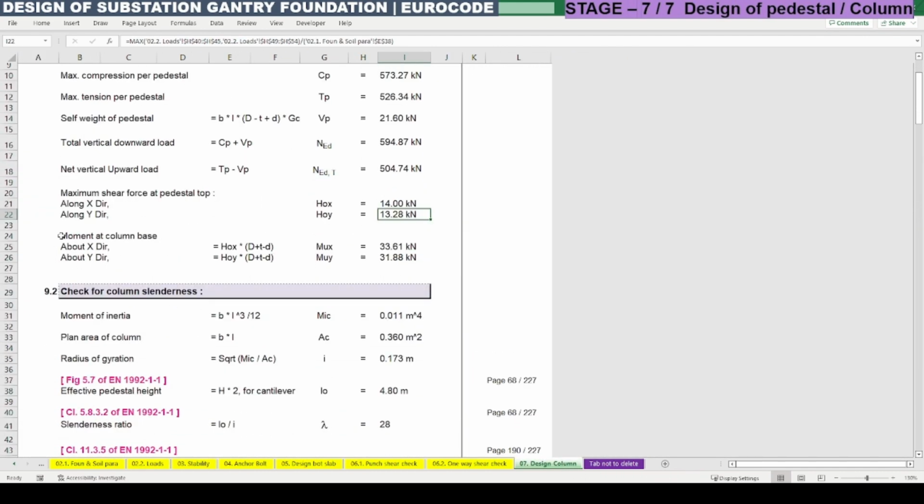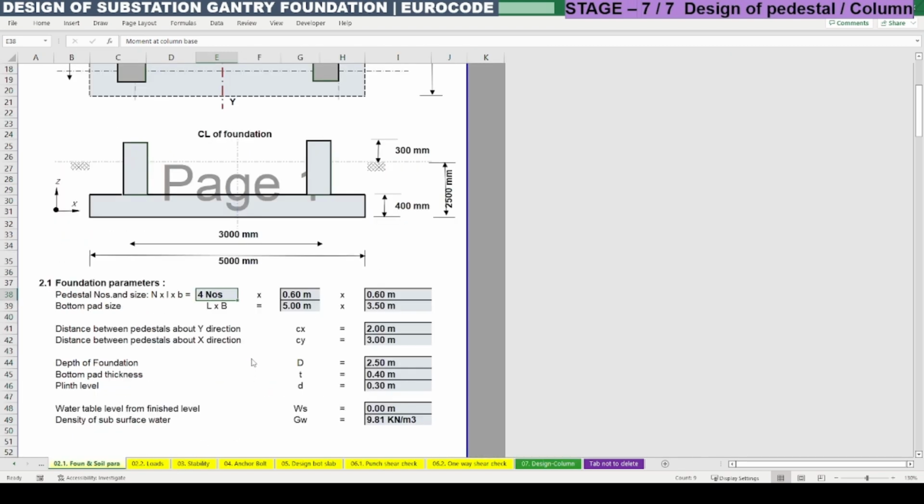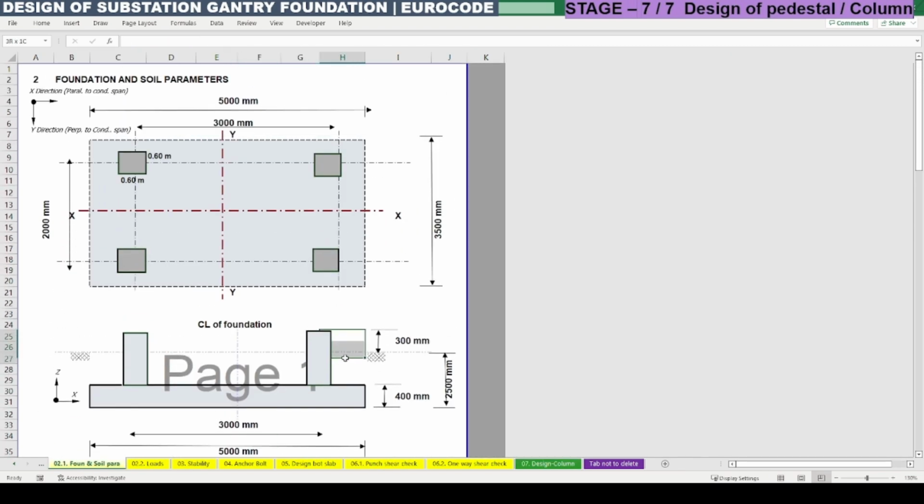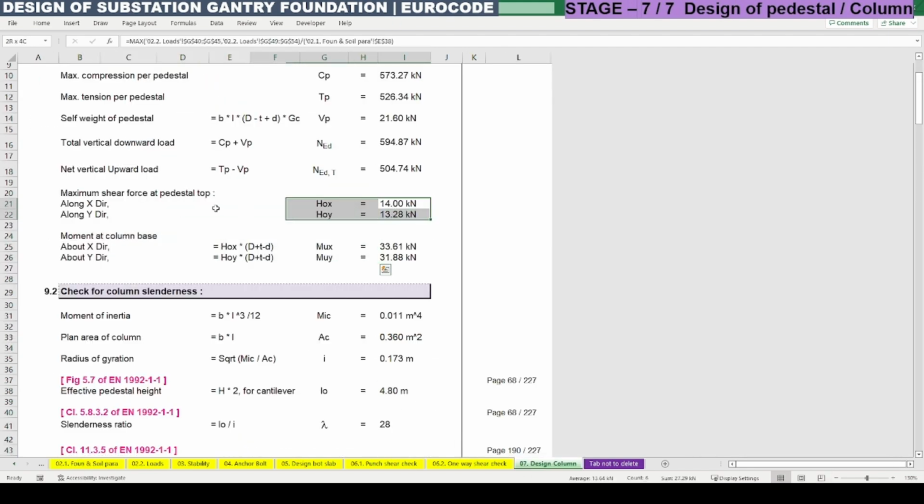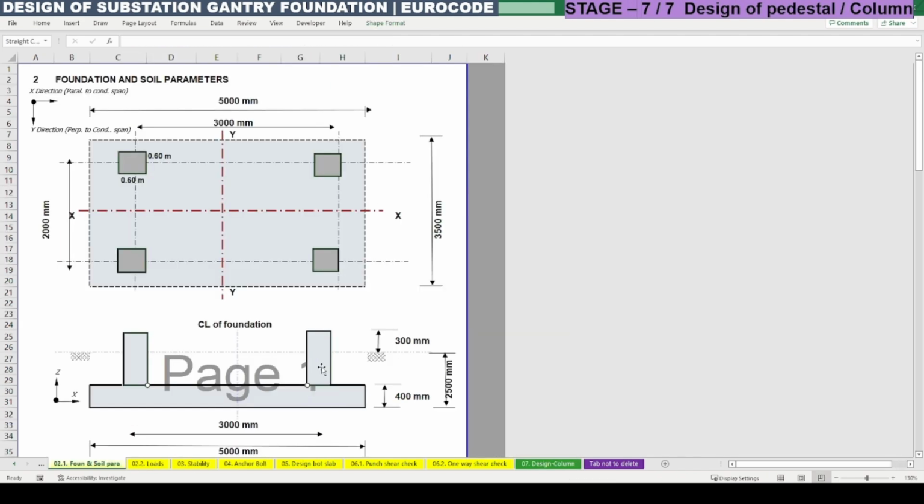Next one is moment at column base. It means we need to calculate the moment where the total height of the column meets the bottom raft, at this point. We need to find out the moment at this area which is caused by the horizontal force. These are the two horizontal forces applied at the top of the pedestal from the structure. The structure is going to mount here.